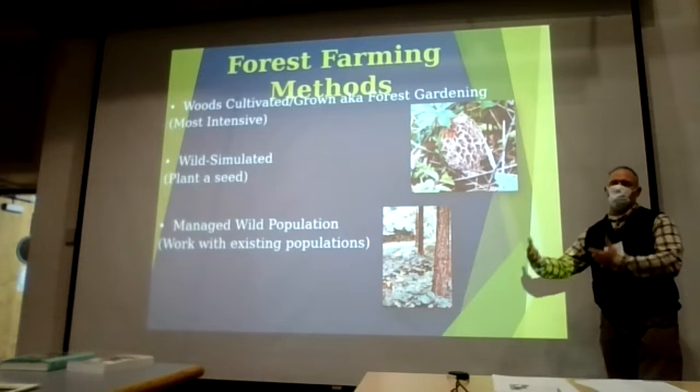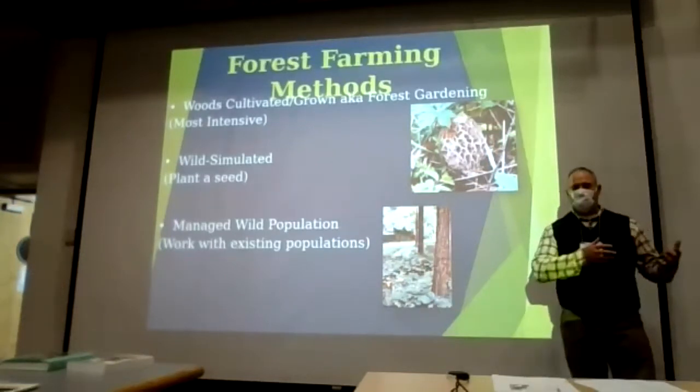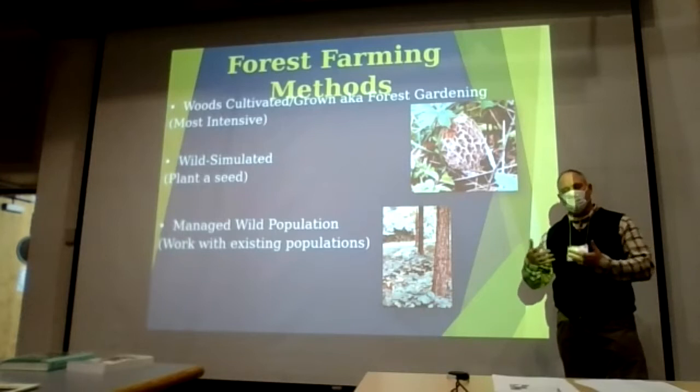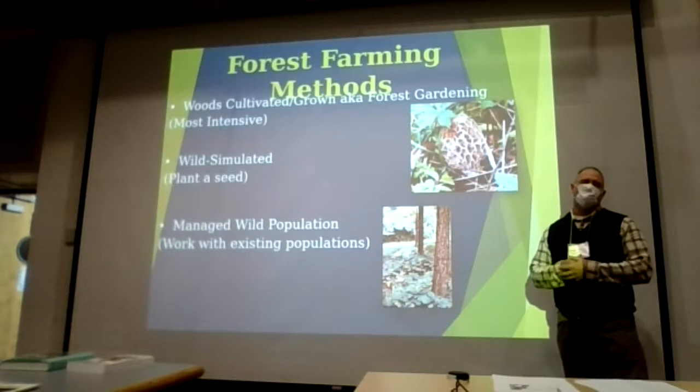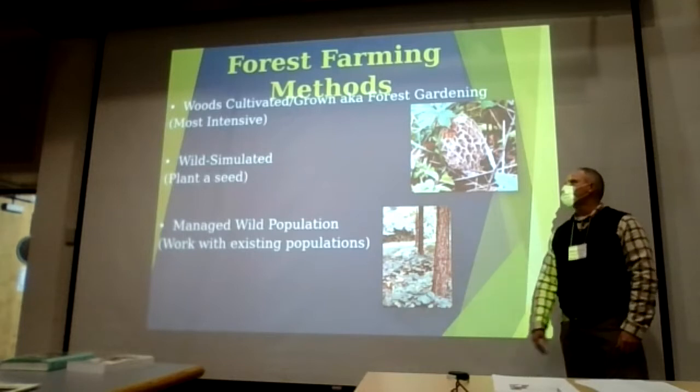So they have golden seal on the property, or they have bloodroot, or they have some other plant, or they're looking at cohosh. They're looking to help stimulate better growth in their existing forest. So that's the most common use.